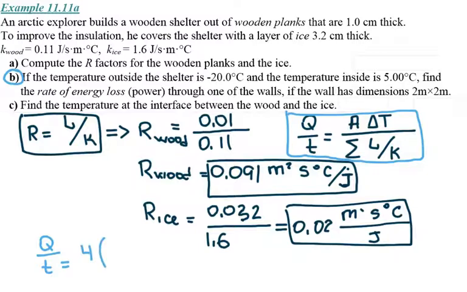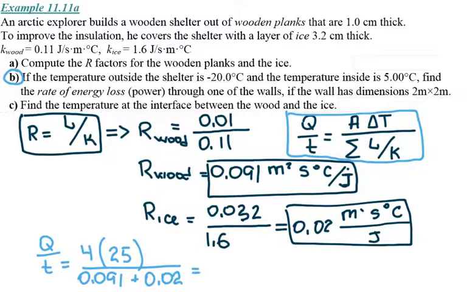And then the change in the temperature is 25 degrees, so that's 5 minus -20. And then divided by 2 R factors, and I found one to be 0.091, and the other one is 0.02.